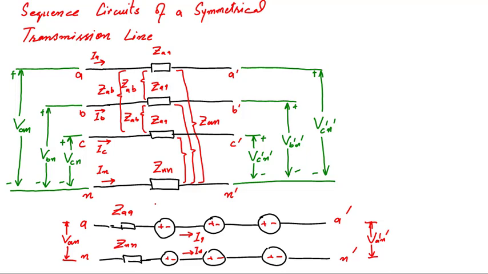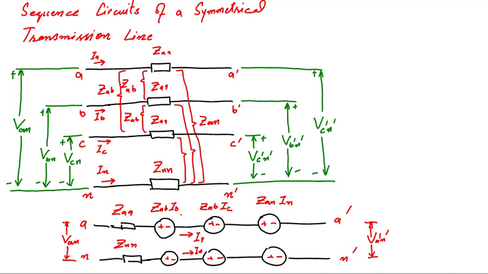So I can write it as ZAB into IB. Similarly, there will be a voltage drop in phase A due to current IC as well, so I can write it as ZAB into IC. Similarly, there will be an induced EMF in the phase A conductor due to current in neutral, so we can write it as ZAN into IN.